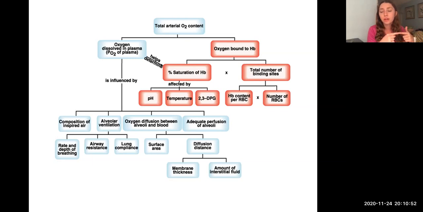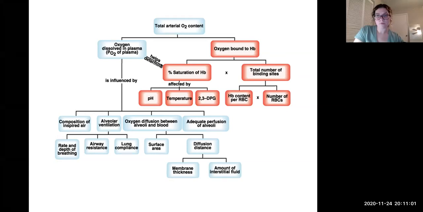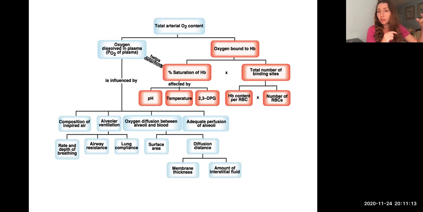Right. So basically what I'm asking is, when you're looking at someone's PO2, the content of oxygen in the blood, that should be about 5 below the pressure of oxygen in the alveoli.